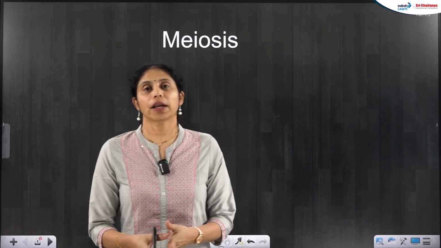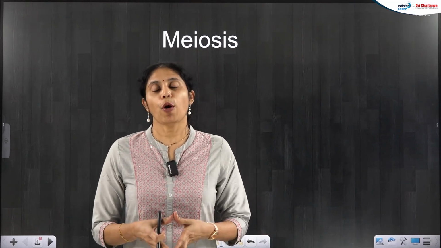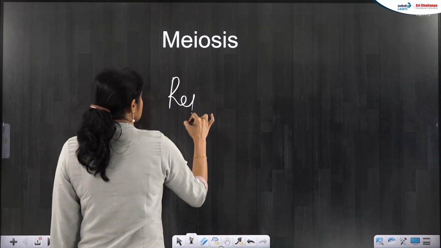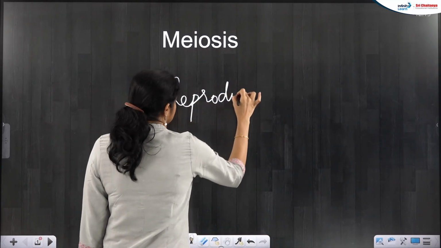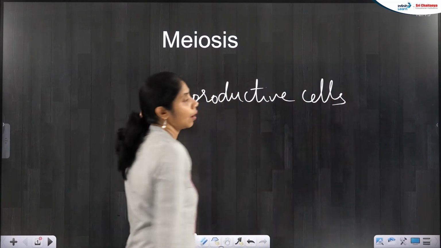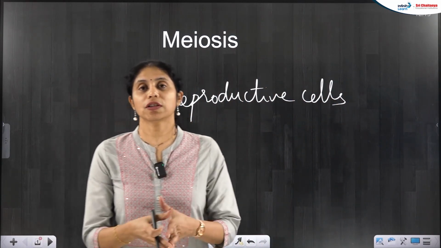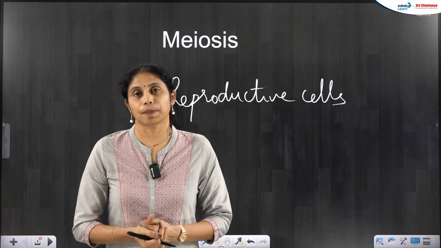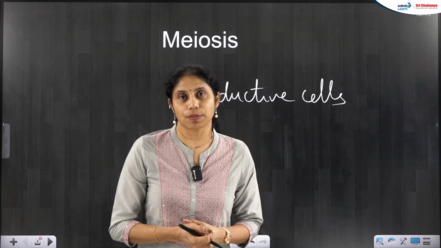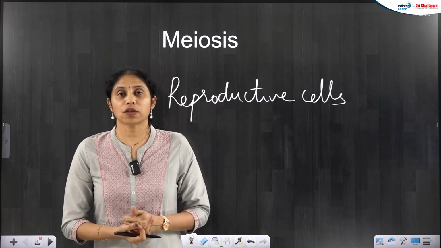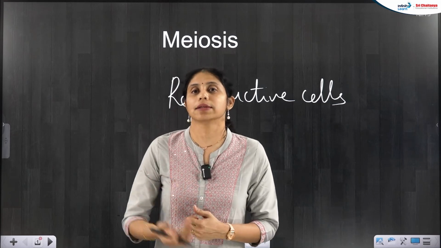Meiosis is an important step of cell division which happens in the reproductive cells, and not in the somatic cells in the majority of organisms. Meiosis is classified into different types based on where it happens or what it results in.